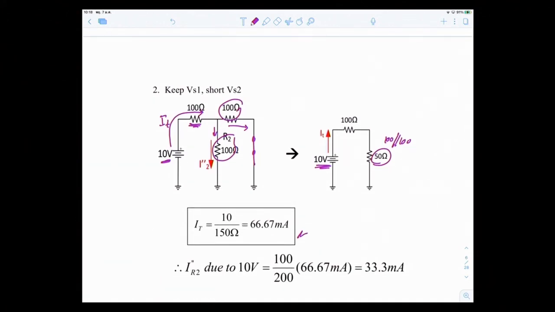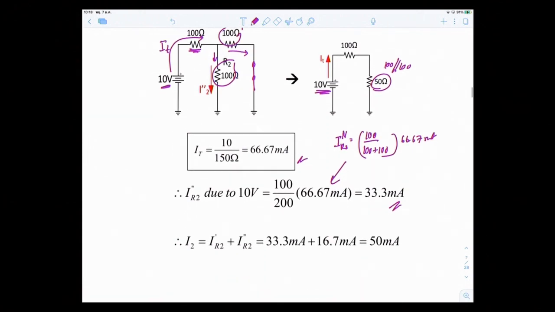If I use my shortcut formula, I can just write down what I wrote here. I take the other R, which is 100, divided by the sum of the two resistors, and you get 33.3 milliamps.